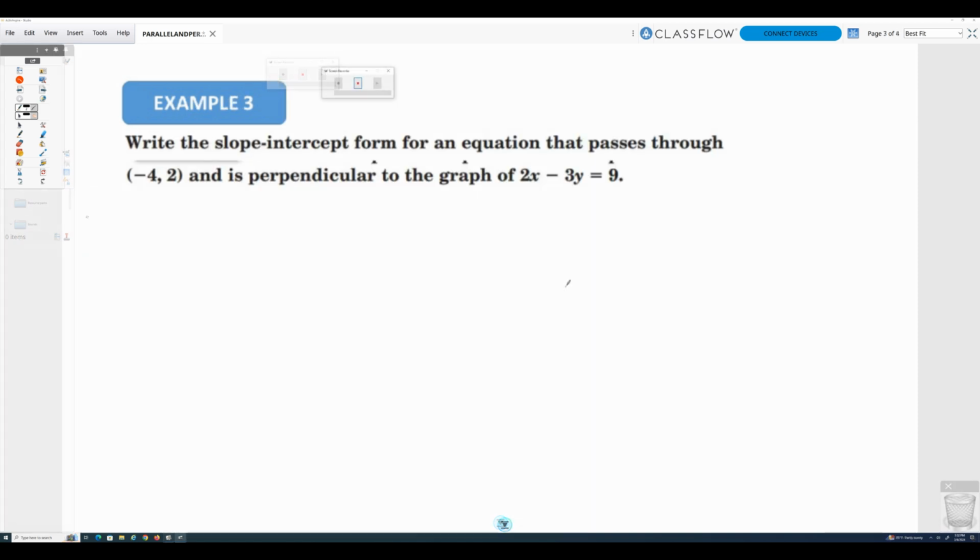In the next example, we are going to write the equation of a perpendicular line. The given equation is in standard form with both variables on the same side. Begin by isolating the variable y on the left side.